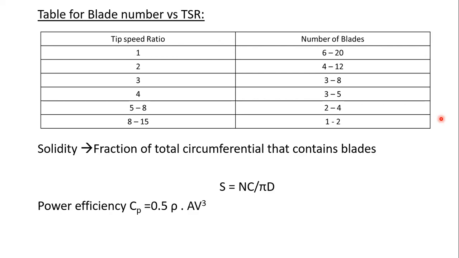So S is defined as NC divided by pi D, where N is the number of blades, C is the average breadth of the blade, and D is the diameter of the circle described by the blade.